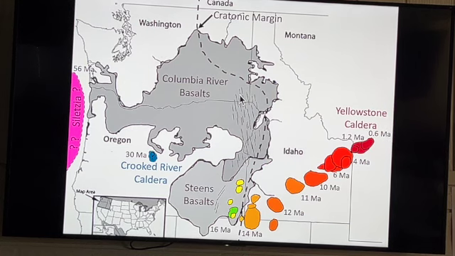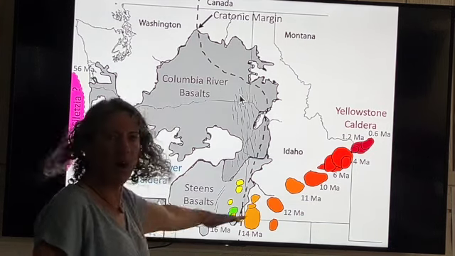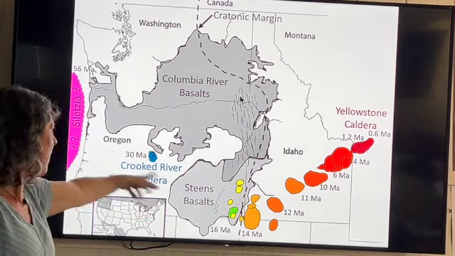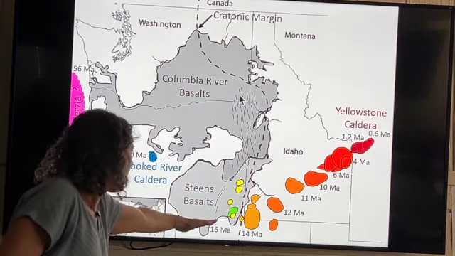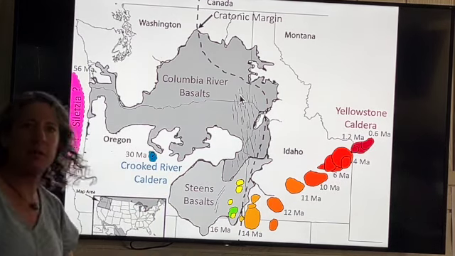Okay, so once this was all identified, people started asking, could this be an older version of the Yellowstone hotspot? And the geometry doesn't really work, right? You should have a chain of volcanoes that are all in a line. And we don't have that here. We have them all in a line here, but then they go this way, kind of a mirror image.